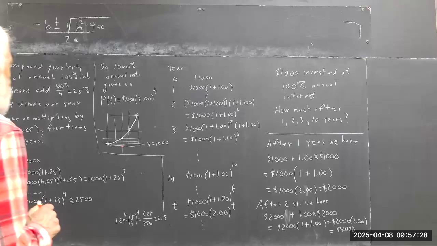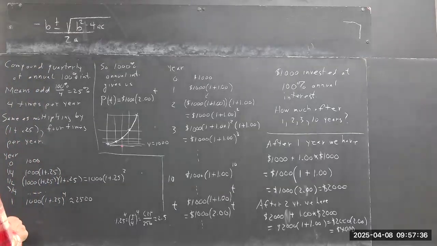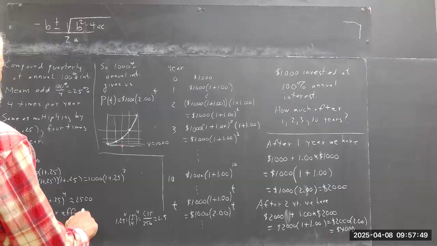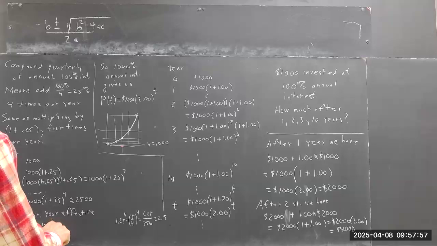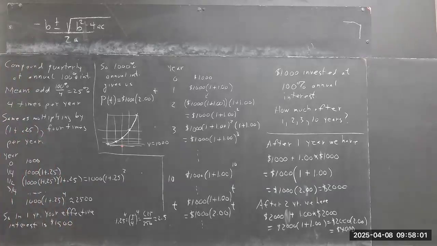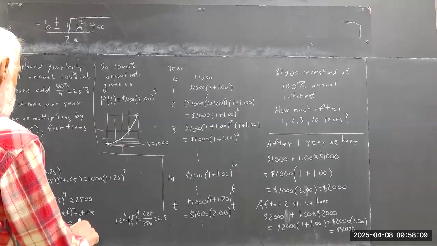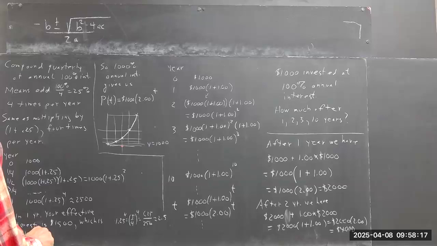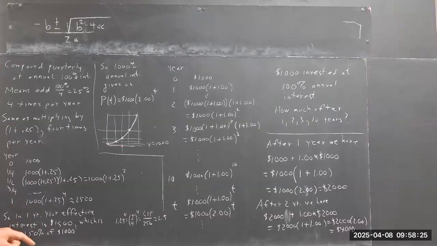Well, then, your effective interest is $1,500, which is 150% of $1,000.